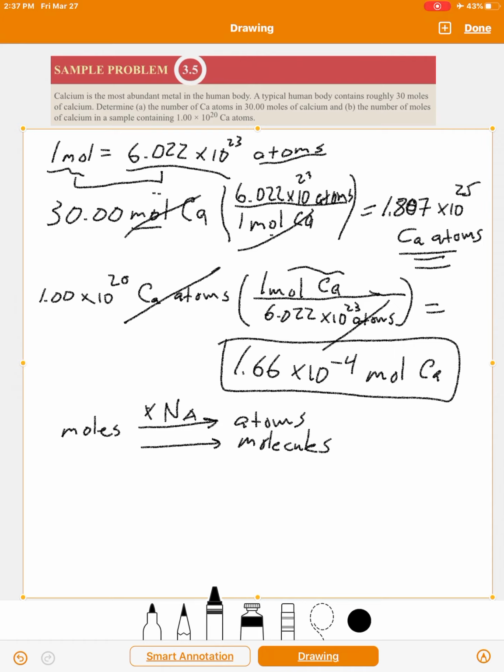On the other hand, if you want to go back the other direction, from the number of atoms or the number of molecules to the number of moles, you would divide by Avogadro's number, where Avogadro's number is this 6.022 times 10 to the 23rd. Okay. Try the practice problem A, try the practice problem B.